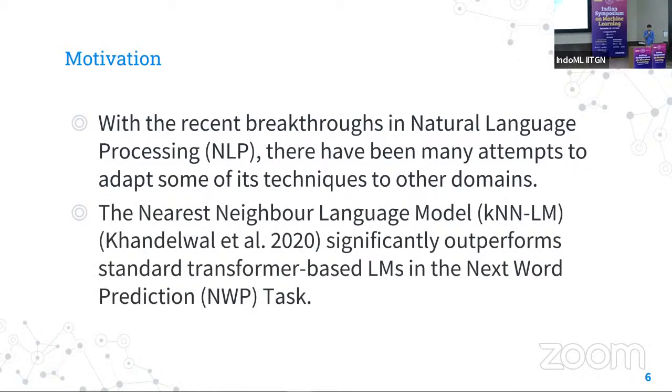The one which I'll focus on is the nearest neighbor language model paper, which was released in 2020, which described a method to improve the currently existing language models with a simple modification in order to increase their performance without any additional training data.